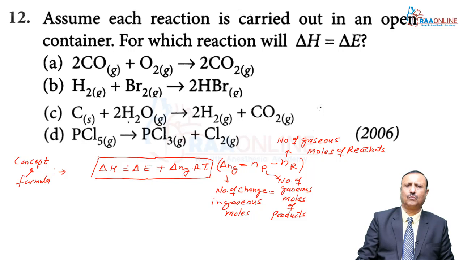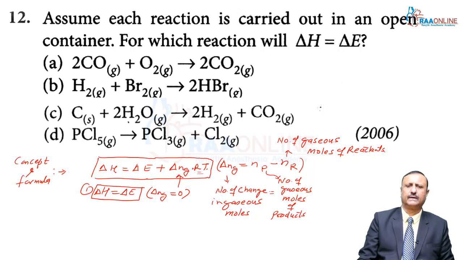Here you can see when delta H is equal to delta E, he wants this condition. Delta H is equal to delta E. It means delta NG must be 0. When delta NG is 0, then 0 is multiplied by these quantities, you get 0.